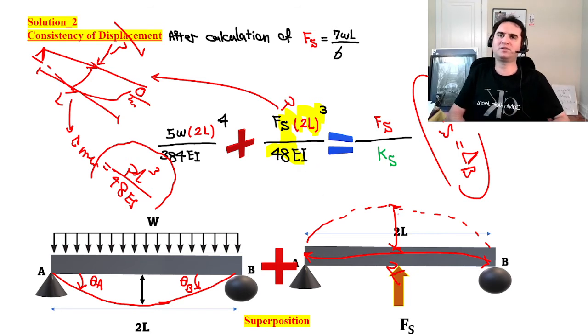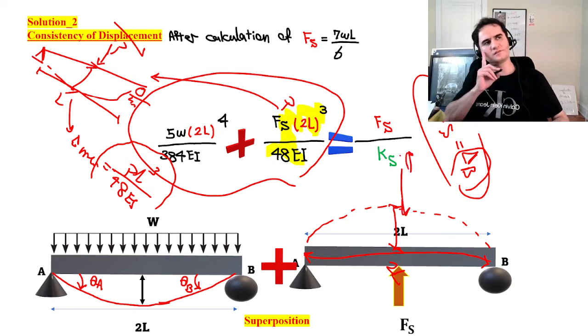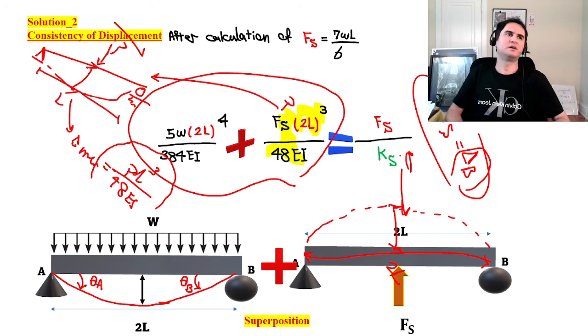So delta B comes from the effect of loading on the beam, and Fs over Ks is based on action and reaction. One of the forces is applied to the beam, and the same amount is applied in the opposite direction to the spring. So that's Fs, the force of the spring, over Ks, the stiffness of the spring.